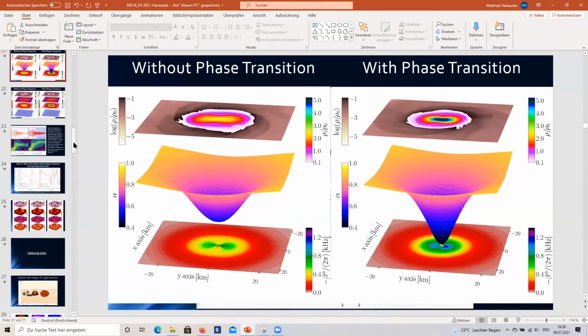Please look at that, and especially there is the prompt emission, which lasts a fraction of a second, which you should be able to mimic.